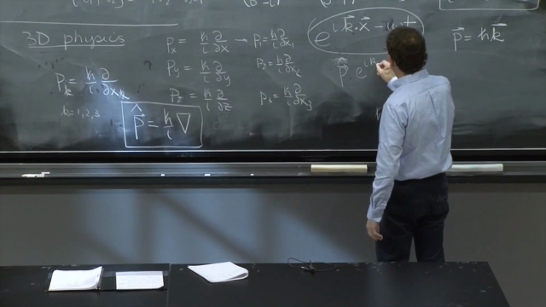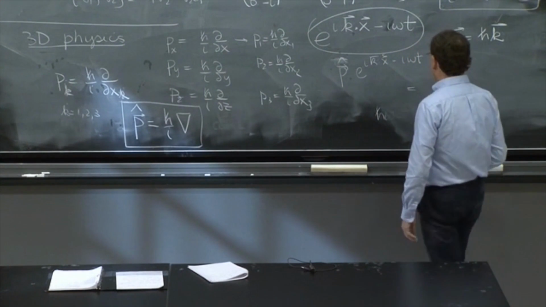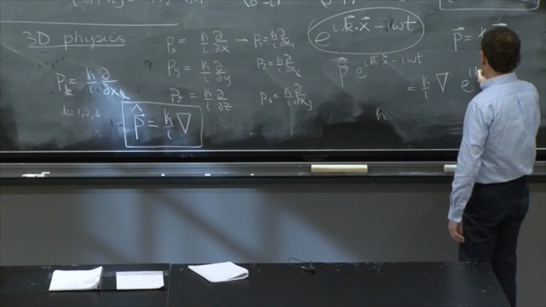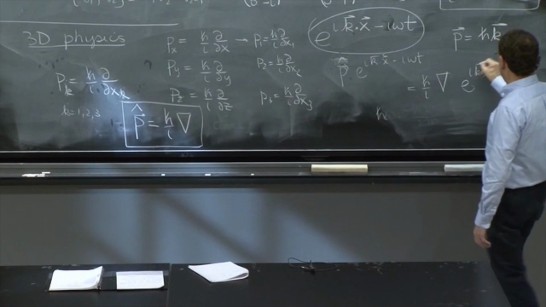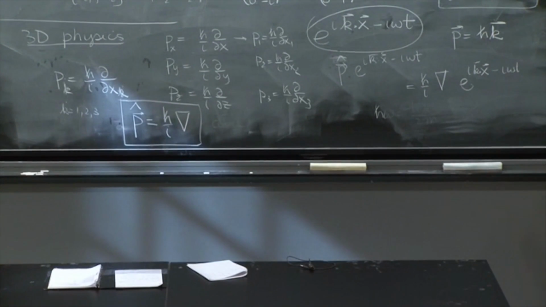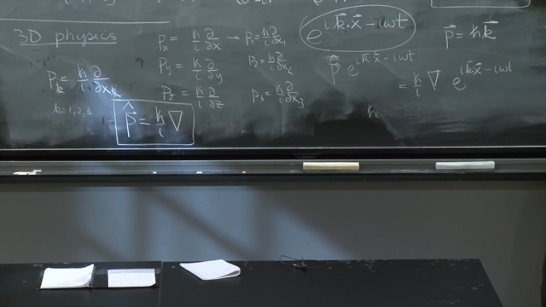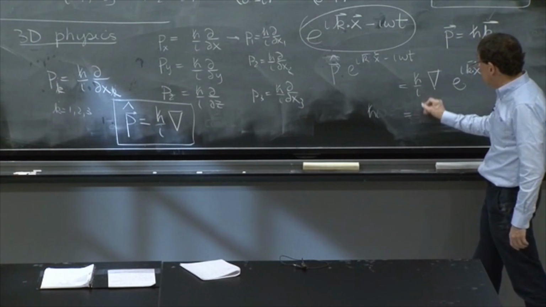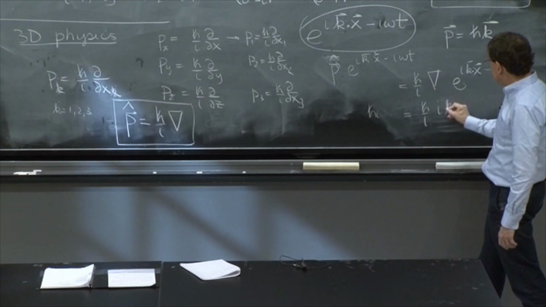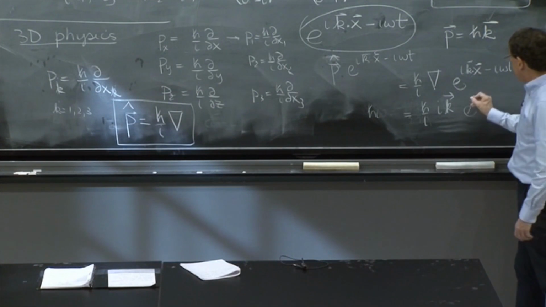So anyway, if you have the gradient acting on this wave function, e to the i kx minus i omega t, that would be h bar over i, the gradient acting on e to the i k vector x vector minus i omega t. And the gradient acting on this actually gives you a vector. So you can do it component by component, but this gives you i k vector times the same wave function.